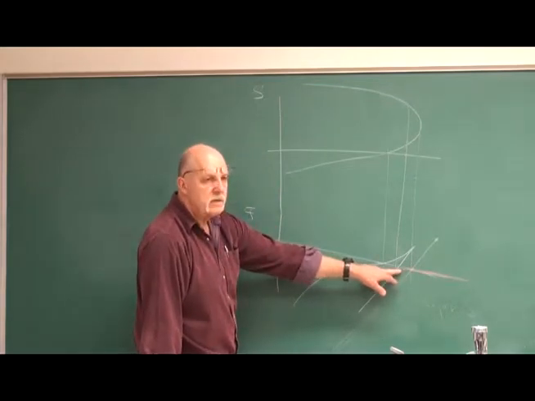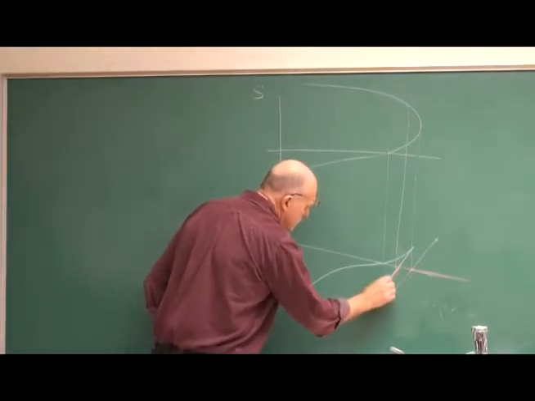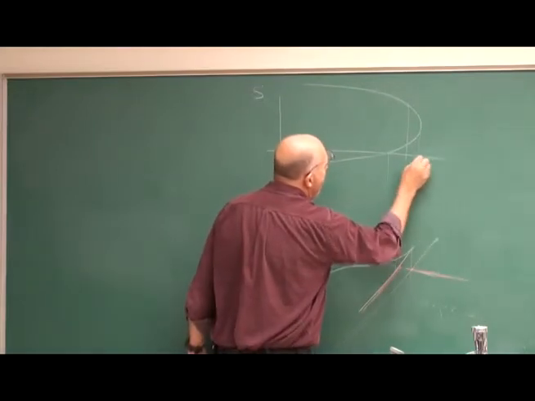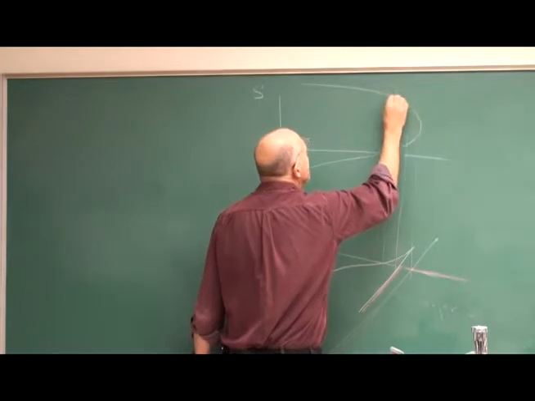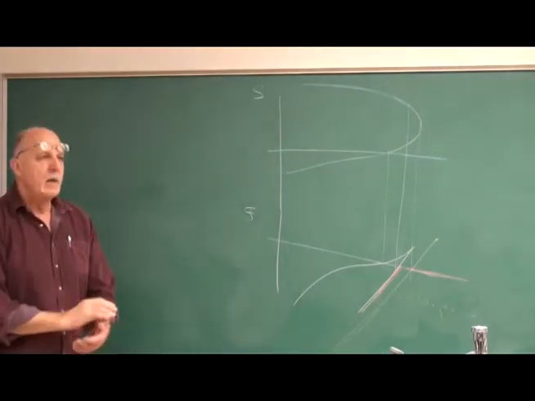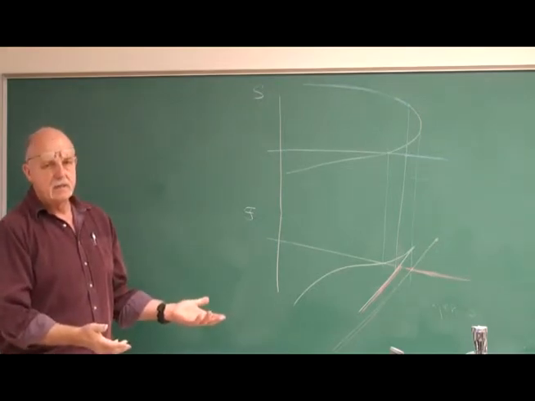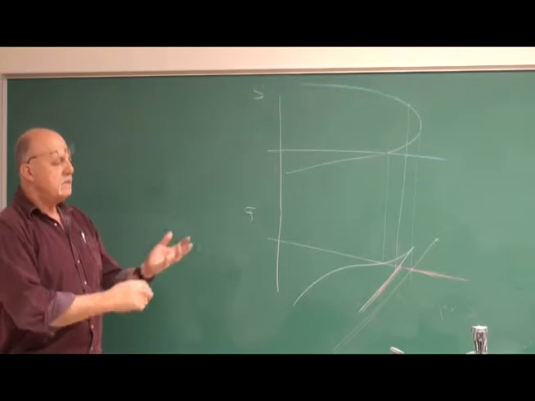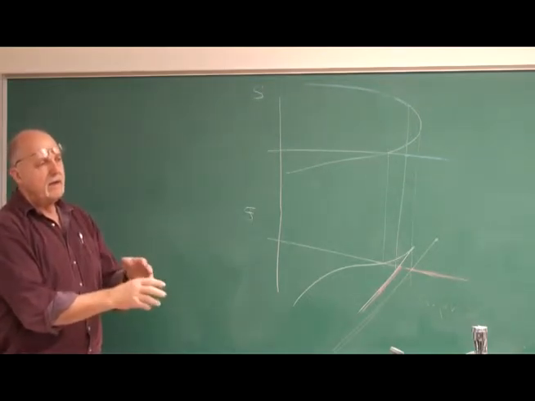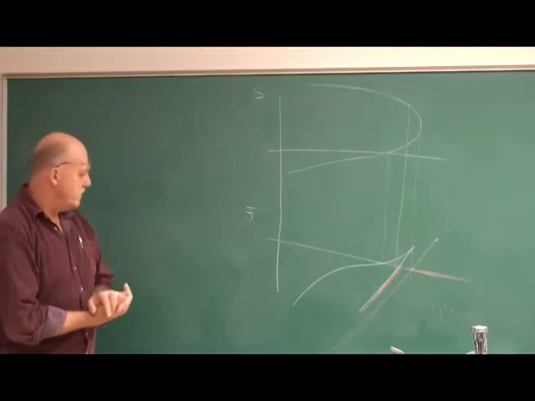And when you get to this point, the free energy is this. And there, the order parameter jumps from 0 to something. Okay? And now this is called a first order transition. Phase transitions are first order and second order. You could even have higher order, but this is called the first order transition.